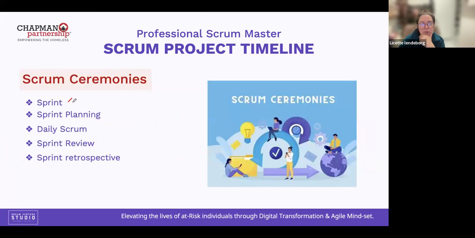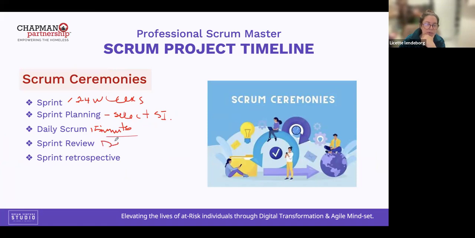Scrum ceremonies. A sprint is the cycle of delivering value, 2 to 4 weeks duration. Sprint planning is selecting sprint items. Daily Scrum is a 15 minutes meeting every day.